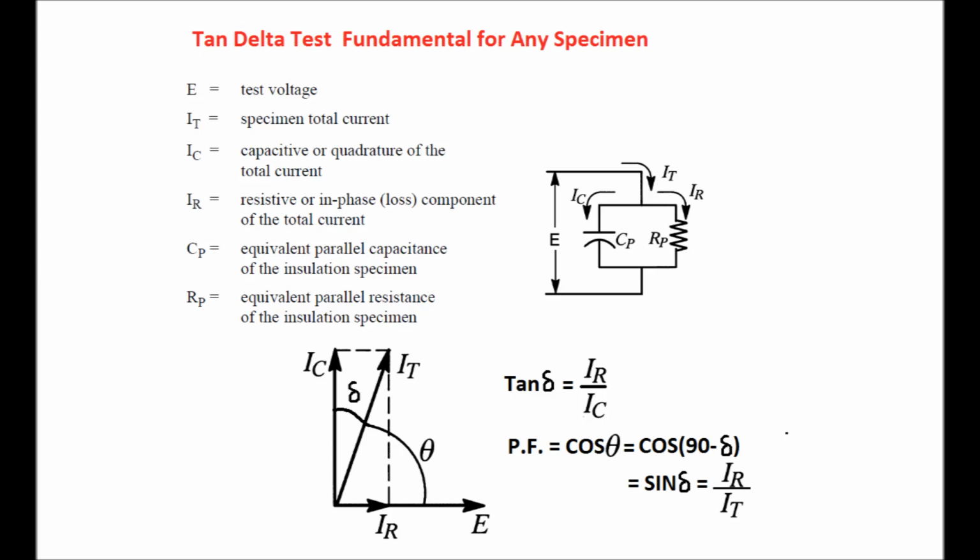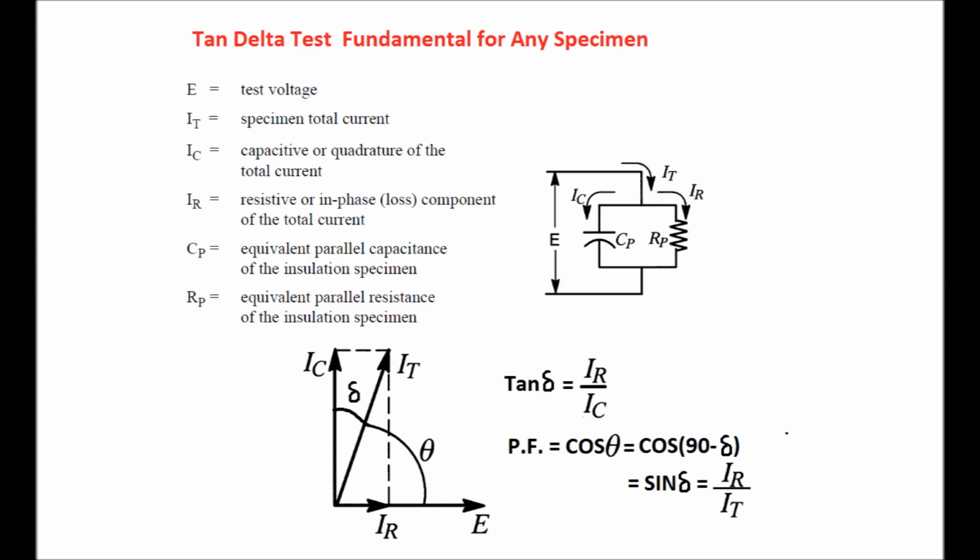In case of a pure insulator, only capacitive current exists, and if the insulation quality of this insulator decreases, then there will be an increased amount of resistive current.